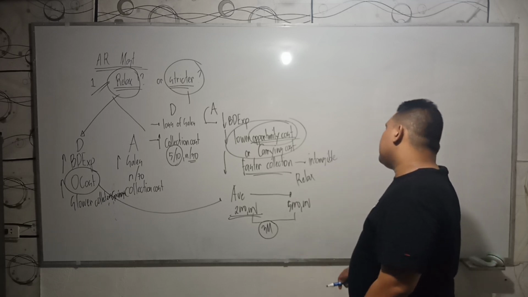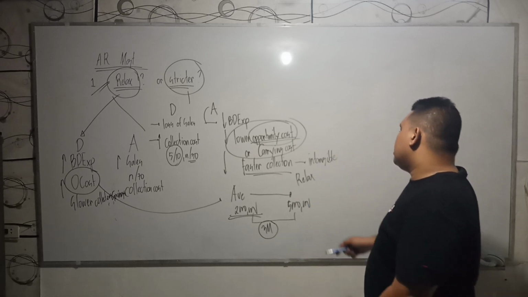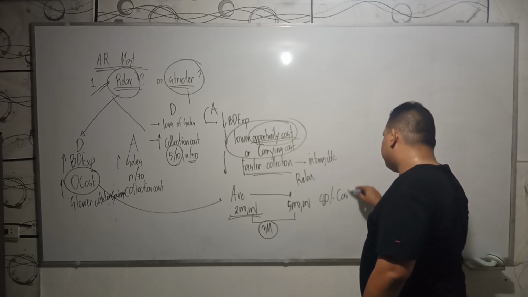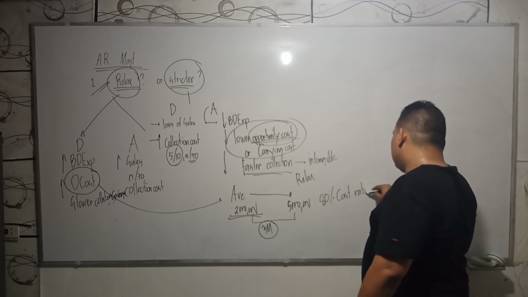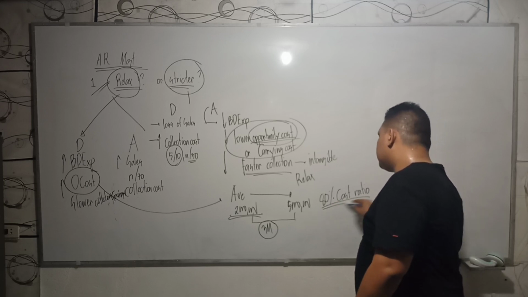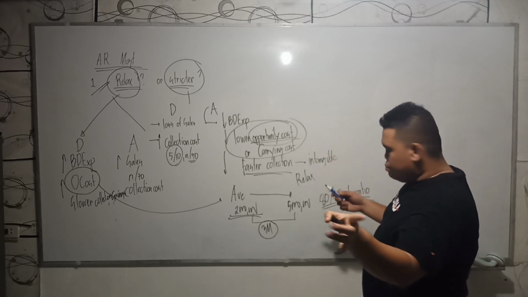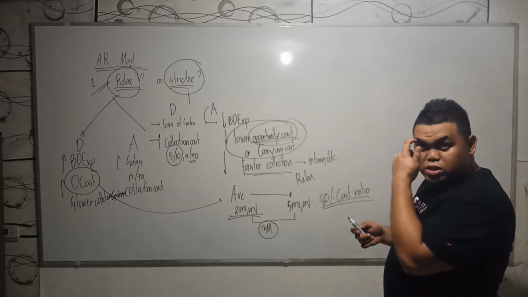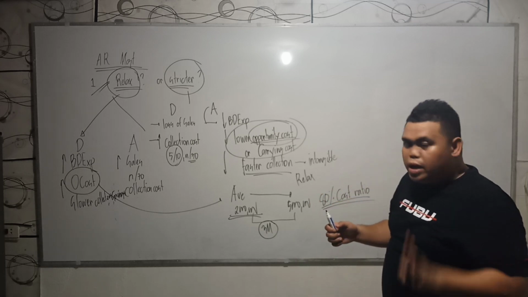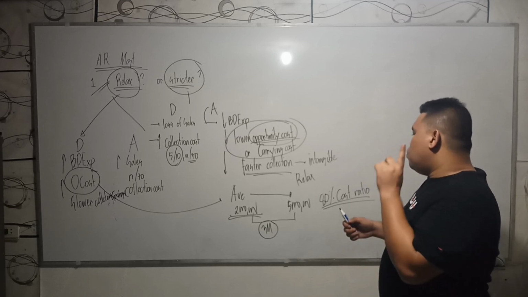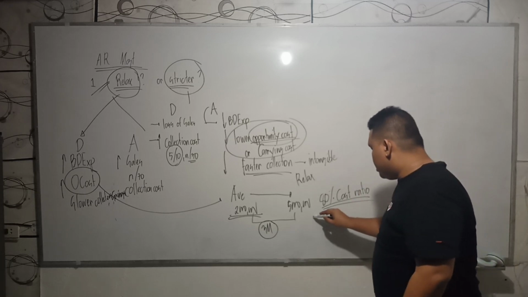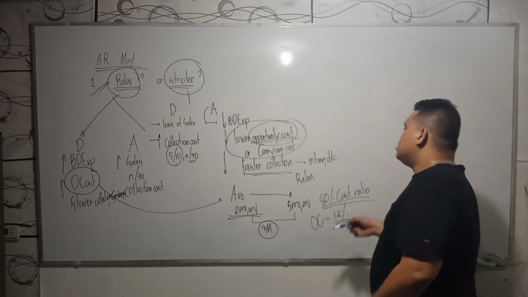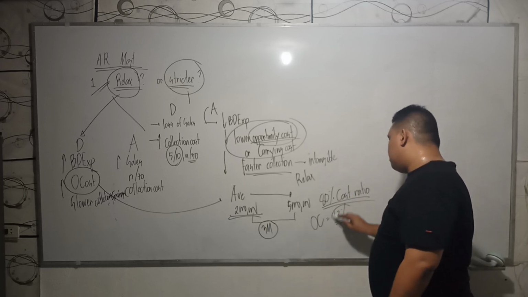However, in the problem, it was also mentioned that there is an 80% cost ratio. So what is the meaning of that? Before we go to that, because this is the twist and you have to remember this, what if there is an opportunity cost of 12% or the carrying cost is 12%?